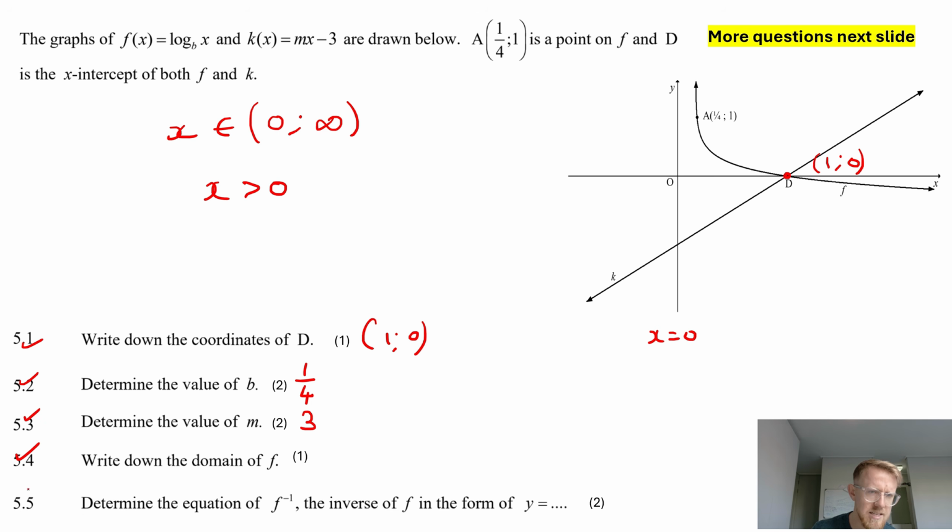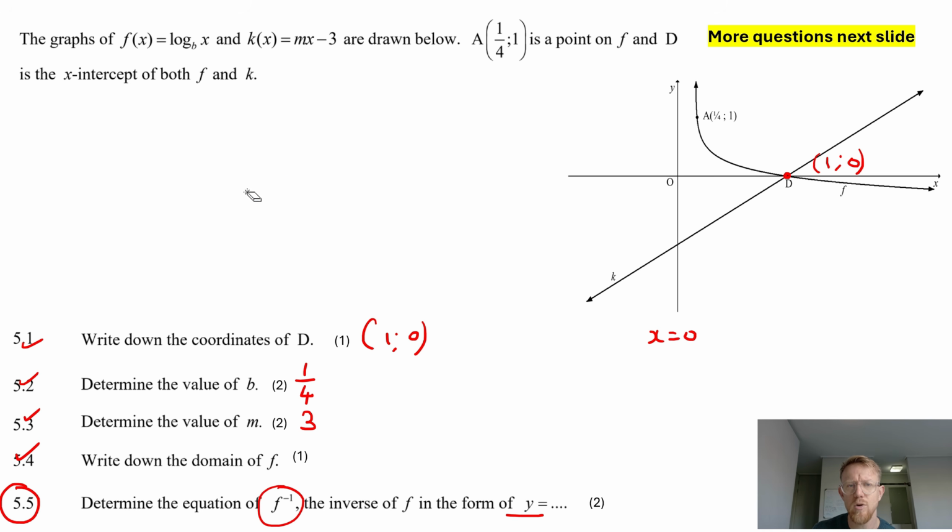So this one says, determine the equation of the inverse in the following form. Very easy. We know that we have an equation for f, which is log base a quarter. Now to find the inverse, step 1, switch x and y around. Then step 2, get the y by itself again. Here the base stays the base again.